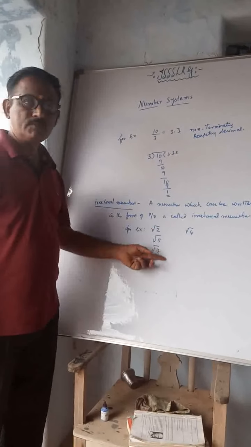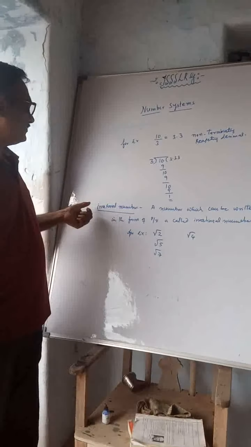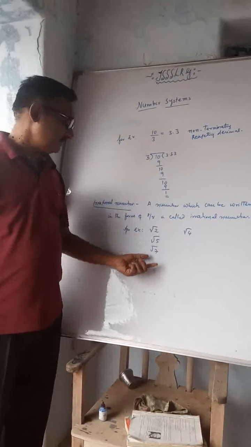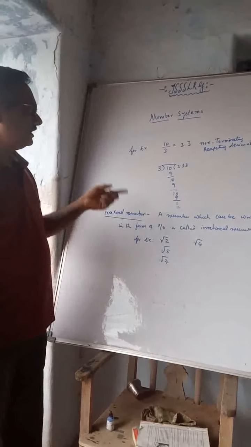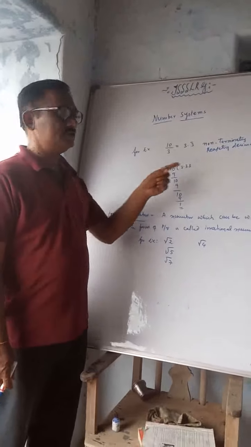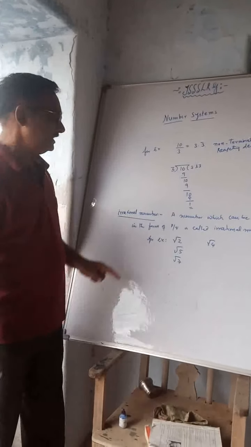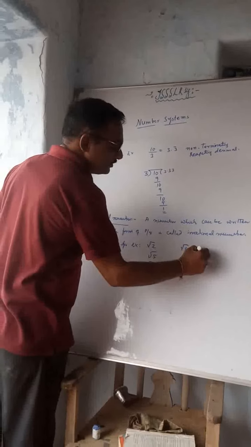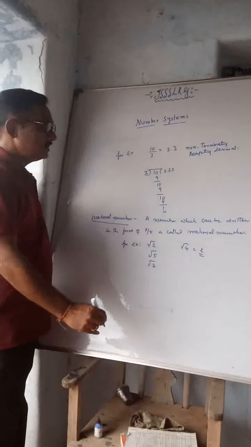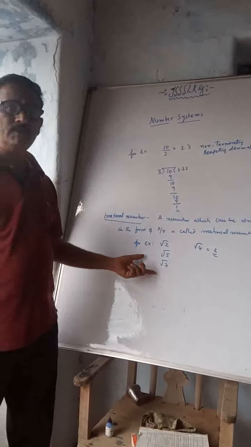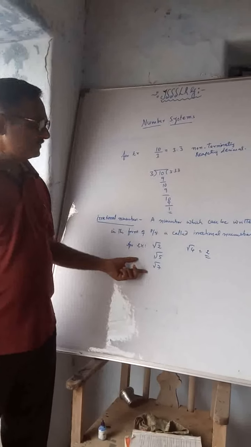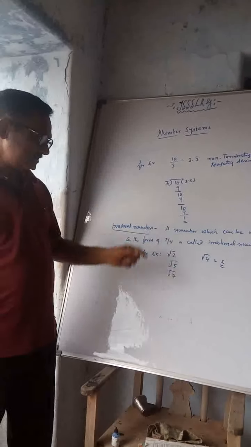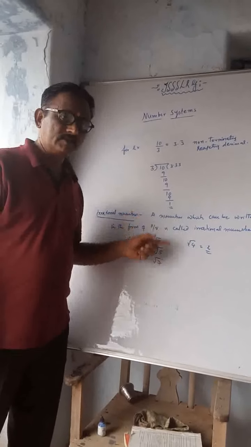So if we divide them, we get non-terminating, non-recurring decimal places. Here we have written 4, which is a perfect square number. So not all the root numbers are irrational numbers. A few of them are rational and a few of them are irrational numbers.